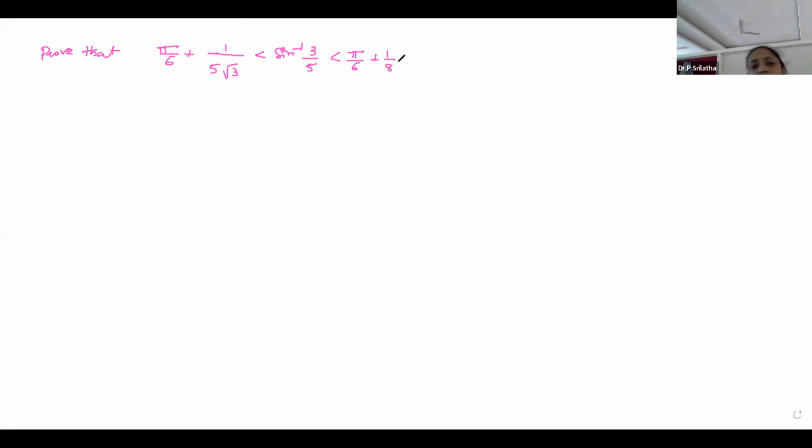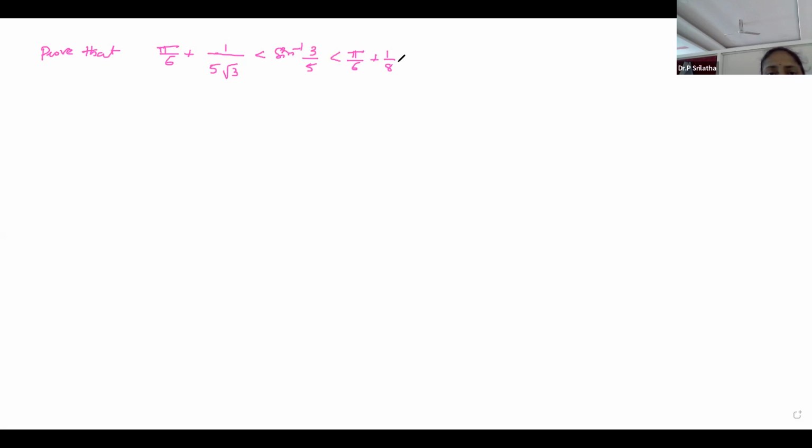Okay, so you have to do the same procedure. First, by using Lagrange's mean value theorem, you need to identify what is f of x. Using Lagrange's mean value theorem means it satisfies all the conditions: it is continuous on the closed interval a comma b, it is differentiable on the open interval a comma b, then there exists at least one point c in the open interval a comma b such that f dash of c equals f of b minus f of a divided by b minus a.